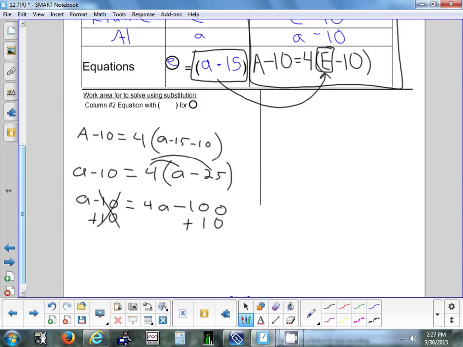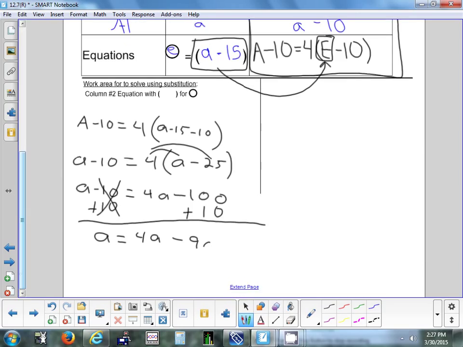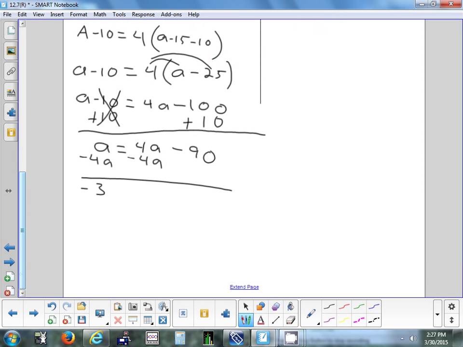All right, so you want me to finish? Sure, go ahead, Sivan. All right, so it's A equals 4A minus 90. You subtract 4A from both sides, and then you get negative 3A equals negative 90, and then you divide negative 3 from each side.